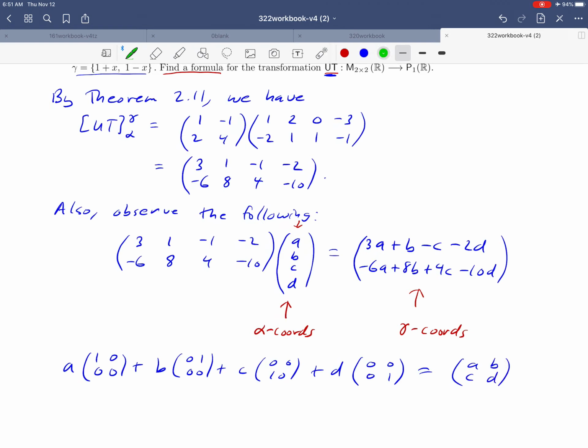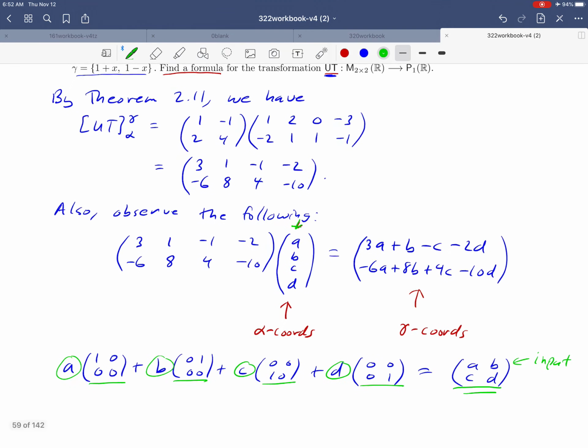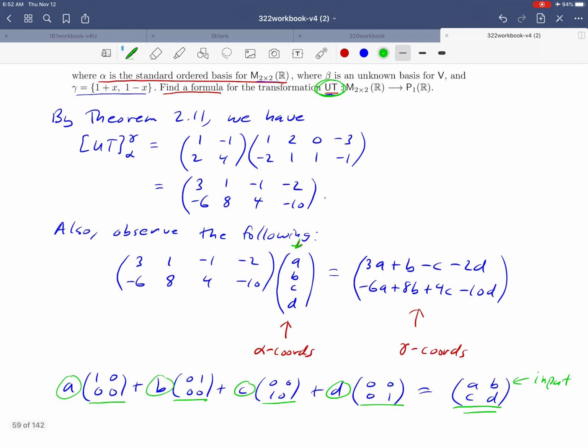So the matrices in the standard ordered basis would be these four things. Our calculation up here tells us that the coordinates that we want are a, b, c, and d, so we put those in front of those one at a time, and forming that linear combination gives us the input. Think of that as the input that's going to go into our function, UT.